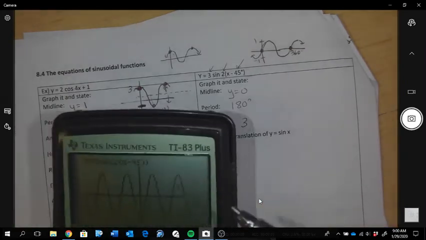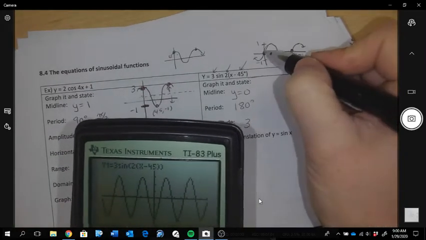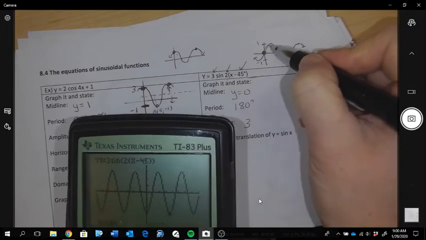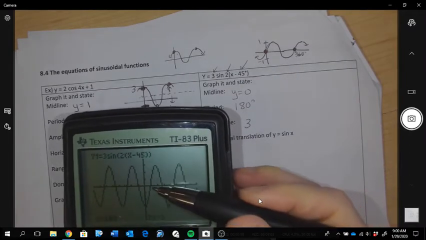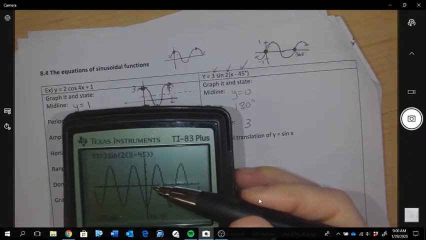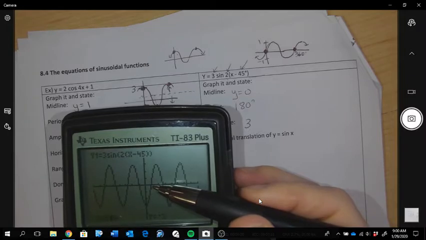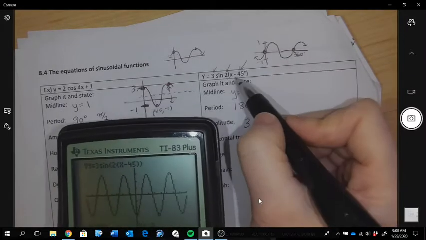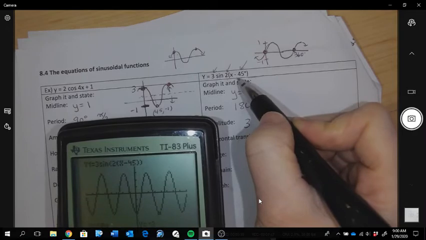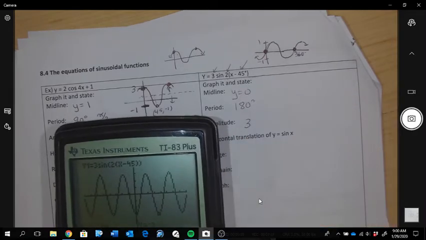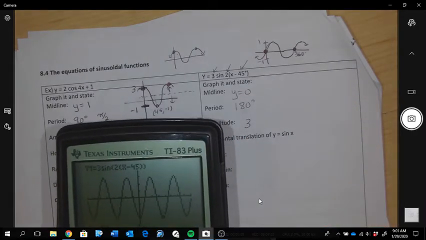Horizontal translation. So y equals sine starts as a midpoint going upward. So this right here would be the starting point. And inside here it says minus 45, and that actually makes it move opposite of what you're thinking.